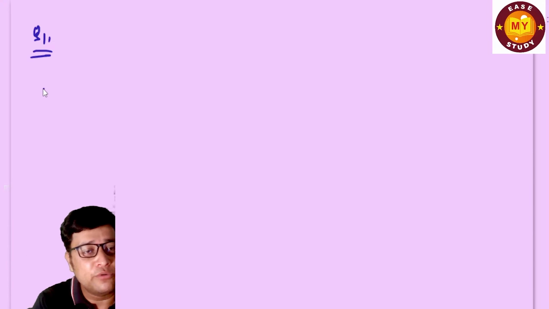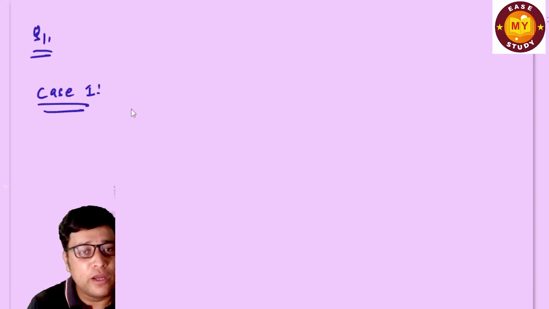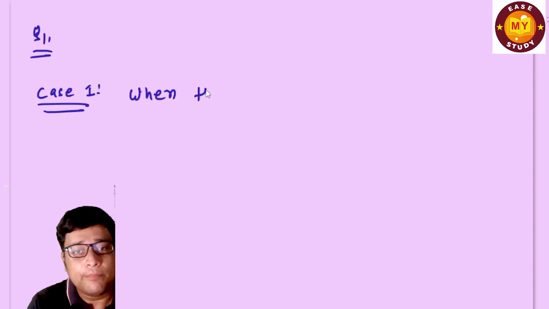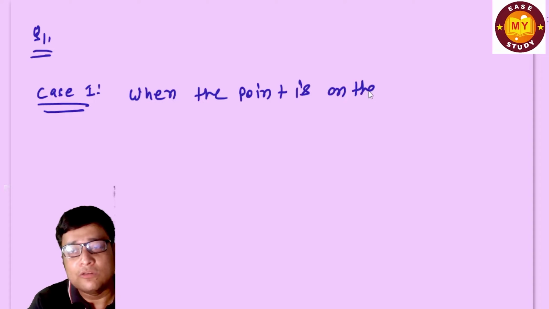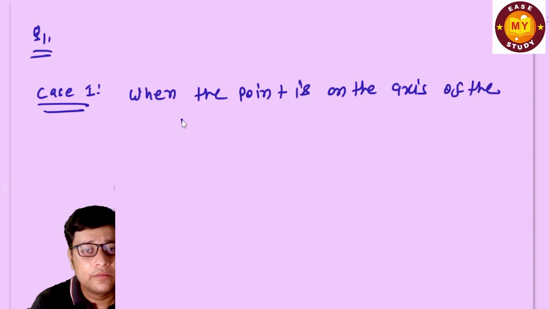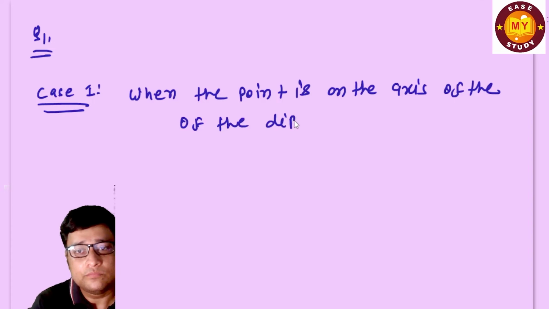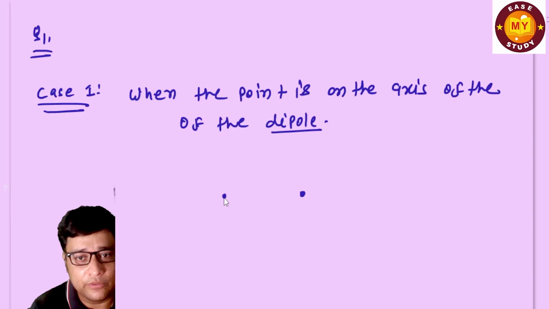So here I am going to consider case 1, when the point is on the axis of the dipole. Axis of the dipole means that if it is a dipole from here to here, minus q, and now your point is somewhere at P on the same axis.